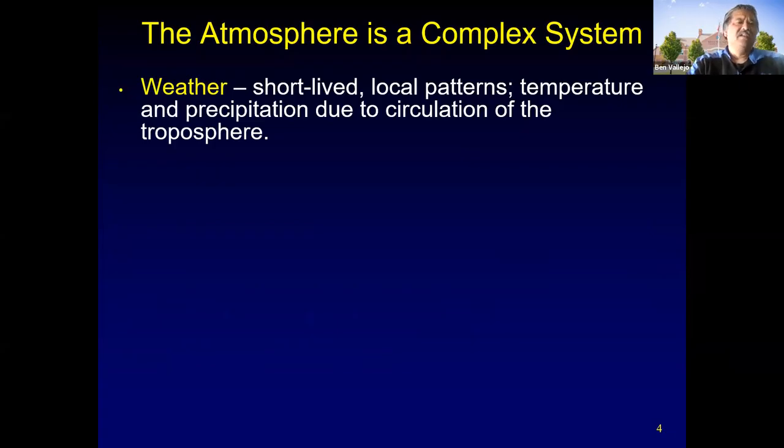All righty, the atmosphere is a very complex system, but first, before we go into the characteristics of the atmosphere, let's define the terms that we need to use. Weather is a short-lived local pattern. And when you're taking a look at weather, you do incorporate the idea of temperature and precipitation.